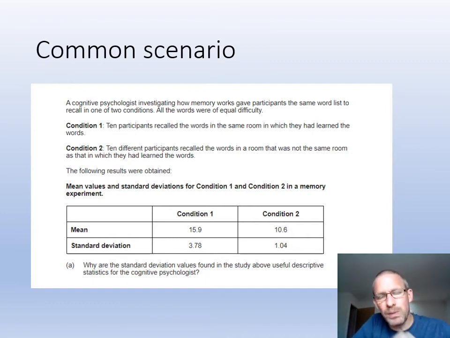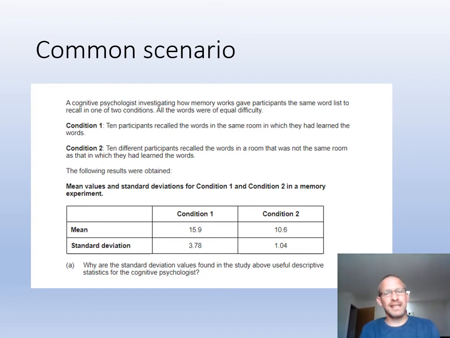However, you will be given a standard deviation as well, and I see this combination quite a bit. So you've got a higher mean for one condition, but you've also got a higher standard deviation for that condition, quite considerably higher here compared to condition 2, 3.78 compared to 1.04.